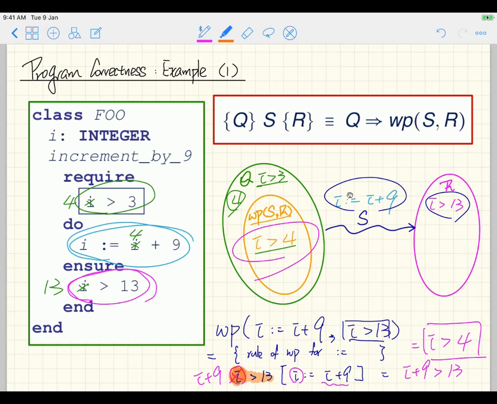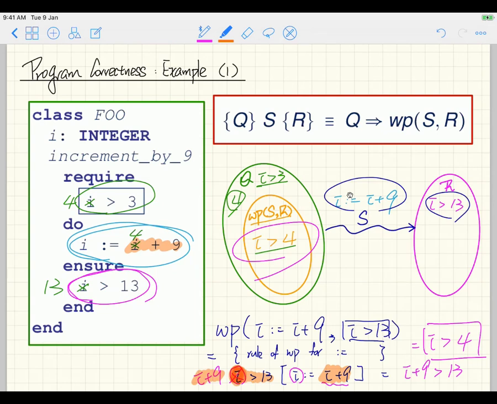But how do we actually get to this particular post state value for i? The way we get there is by substituting i by i plus 9, because we're doing this particular assignment. Whenever you talk about i in the post state, it is equivalent to i plus 9 from the pre-state. That's why you can go backwards to get the weakest precondition.